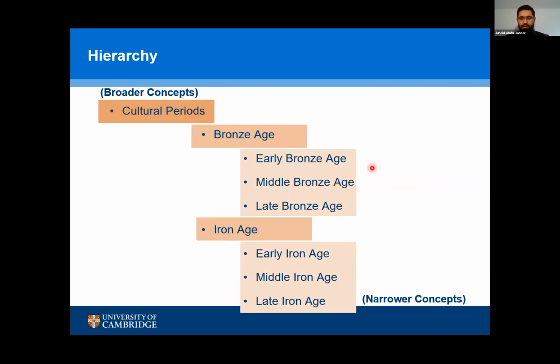So before going to the next slide, let's quickly summarize what we have learned so far. We know that the individual terms within our controlled vocabularies are referred to as concepts. These concepts can have multiple levels of hierarchies depending on our requirement.